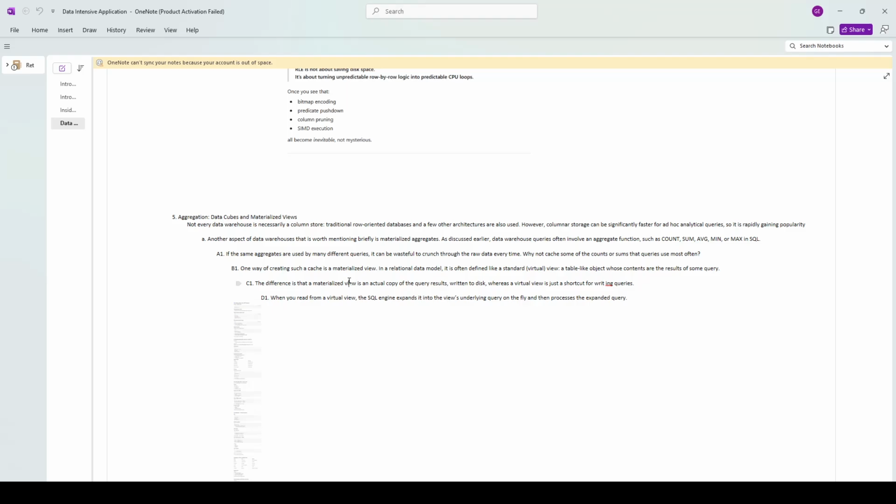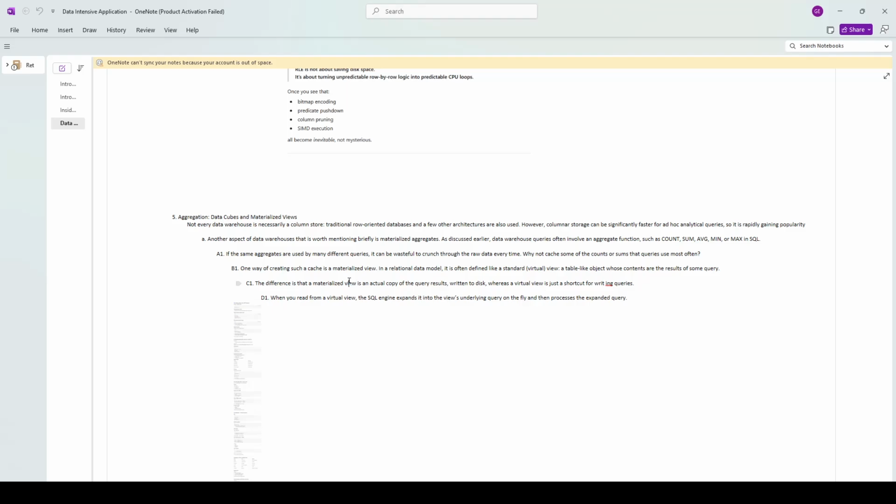So these operations are increasingly being used, because it's a combination of data in materialized aggregates. That's why data cubes and materialized views are important. Actually, we will dig deeper on this because it's also a pretty complicated topic.